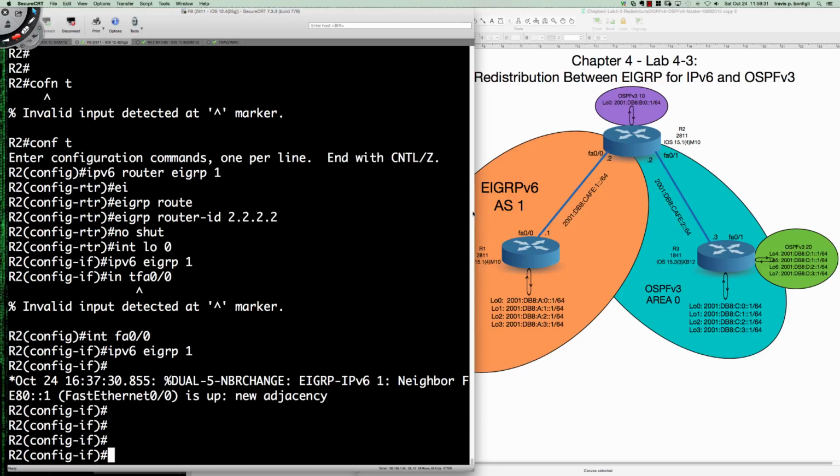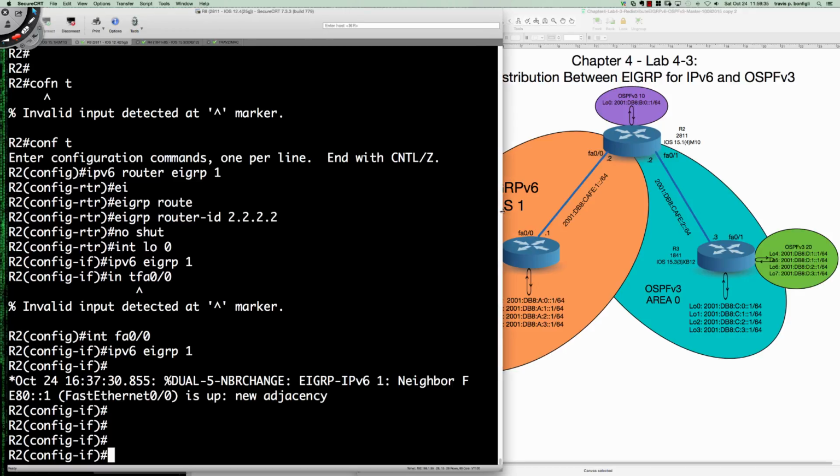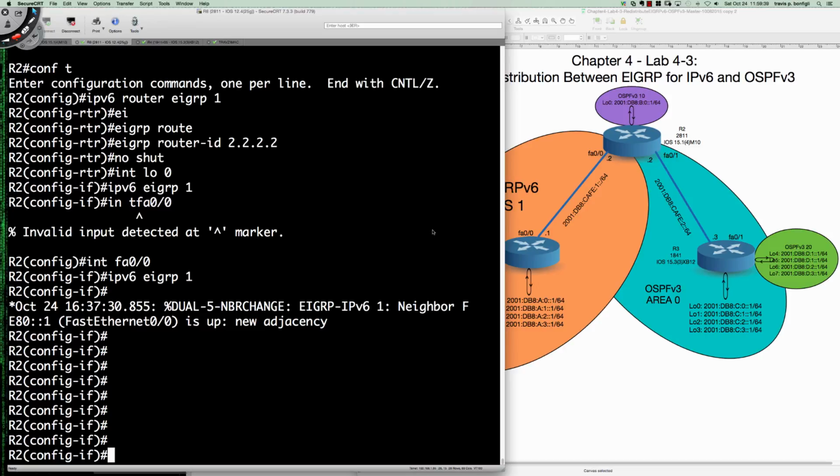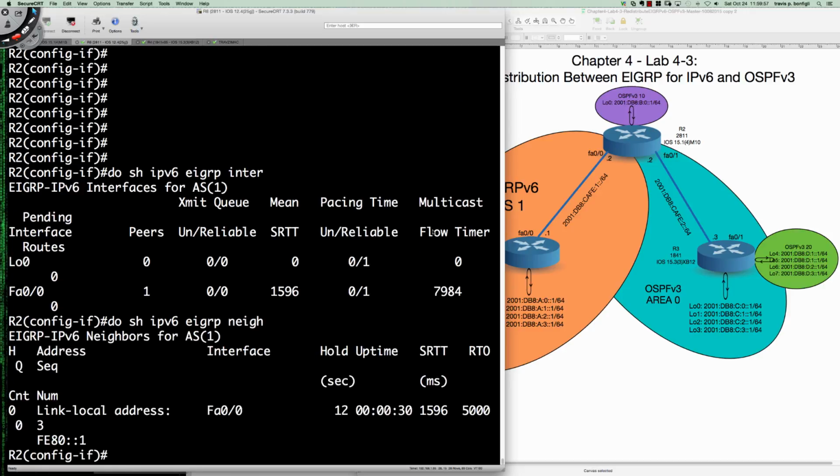I'm actually going to give us just a little more real estate here to the right. So I'm going to cover up some of the diagram in the hopes that we can see some more output over here. So if I say do show IPv6 EIGRP interfaces, you can see that we've got interfaces that are up here, loopback 0, as well as the fast Ethernet interface between router 2 and router 1. What about a do show IPv6 EIGRP neighbors?